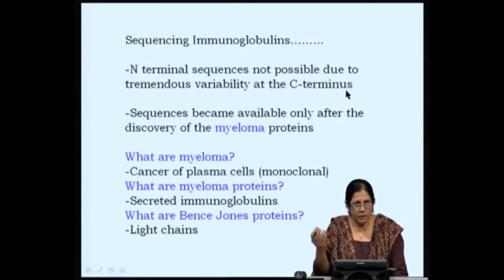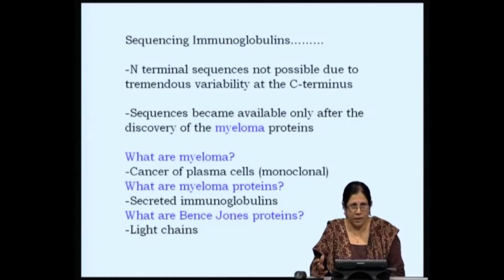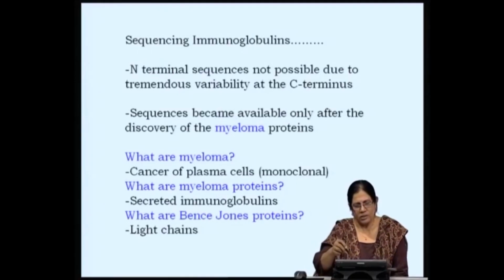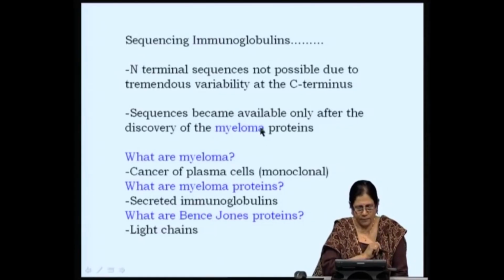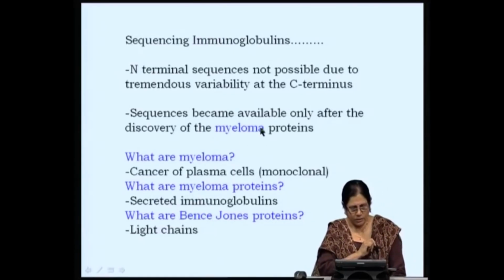So, how did they then get the sequence of immunoglobulins? Now, you know that in the database we have a large number of sequences of various immunoglobulins. It was after several years that scientists found, in fact, immunoglobulins could be sequenced because of the discovery of myeloma proteins. Now, what are myeloma proteins?